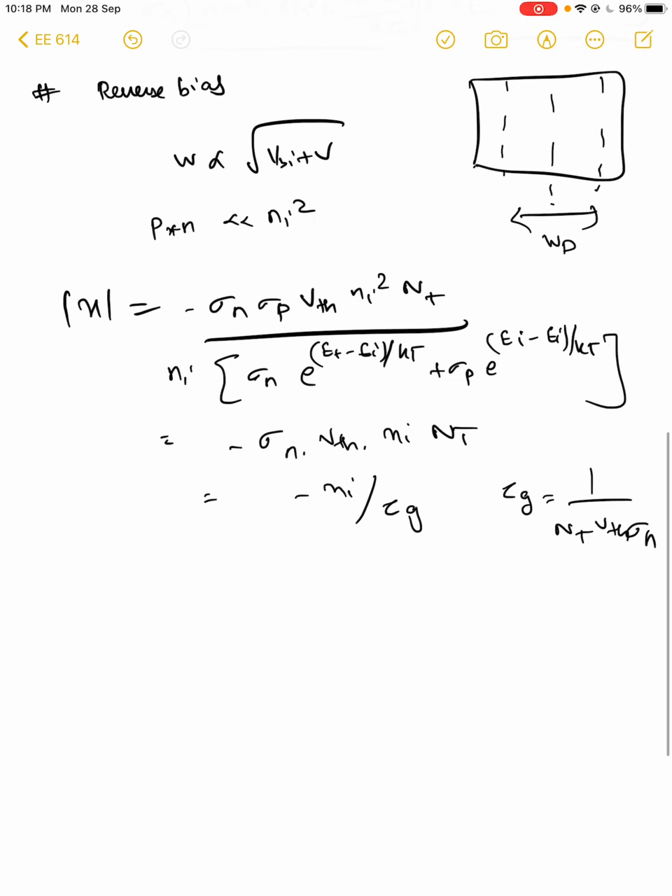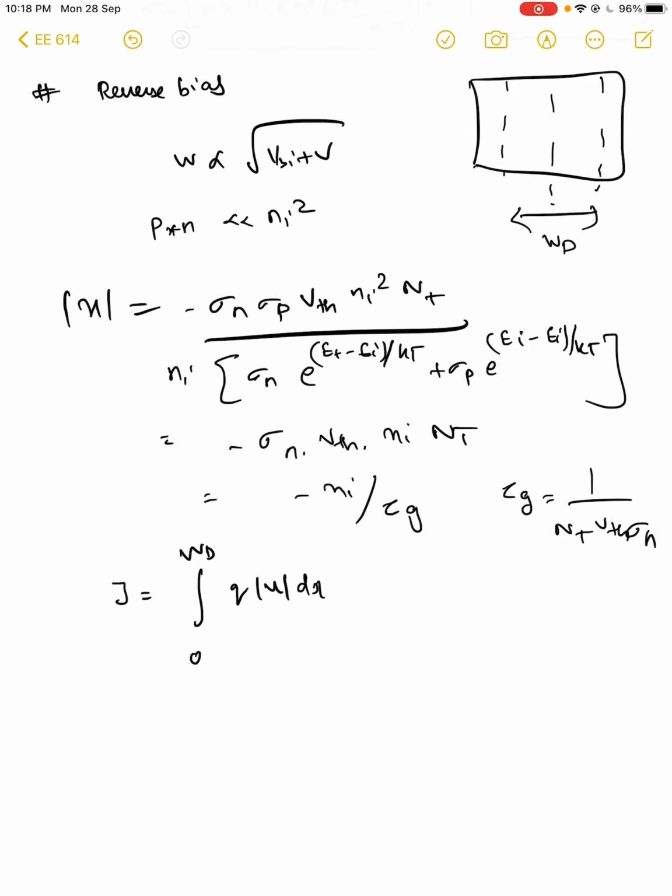So the total current J will be an integration over the entire width, because that's where we assume the generation is going to happen, 0 to WD being the width of this, and then the charge and the net rate will give you the total current that is generated from this.